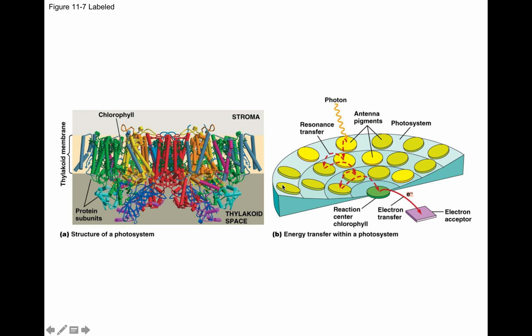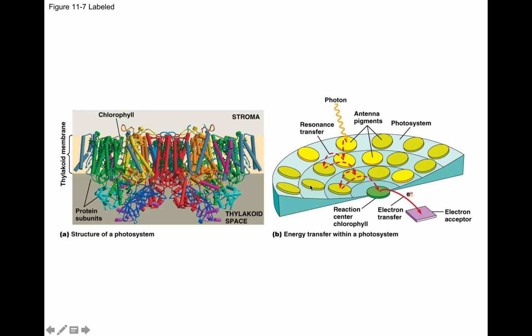So once again, the plant absorbs light. Those electrons get excited in their chlorophyll molecules. They cause the electrons to go to a higher energy level. They return to the original energy level, and the energy that is absorbed is given off. It can be given off as heat, or it can be transferred to another pigment.